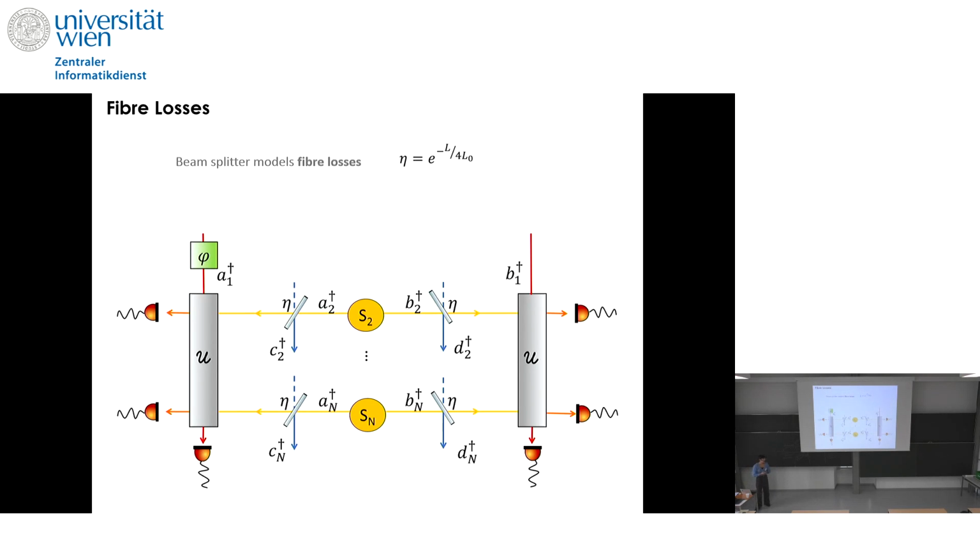To model losses, we inserted a beam splitter in the transmission line. And we can just say that there is a transmittivity factor that depends on the distance. So L is the distance between the receivers, and L0 is the fiber attenuation length, which is of the order of 10 kilometers or something.